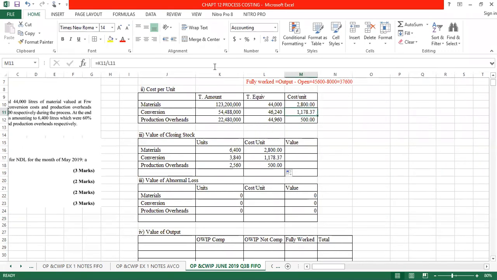Now, value. What is the value? 6,400 times 2,000. It's a very big figure. So what is the total value? The total value is equals to that plus that plus that. So we get that.